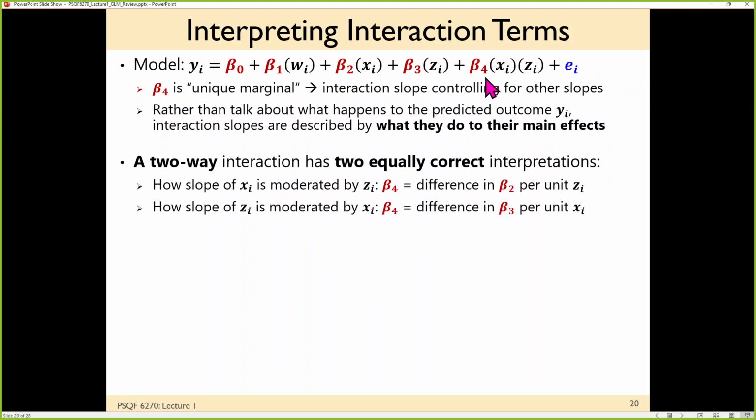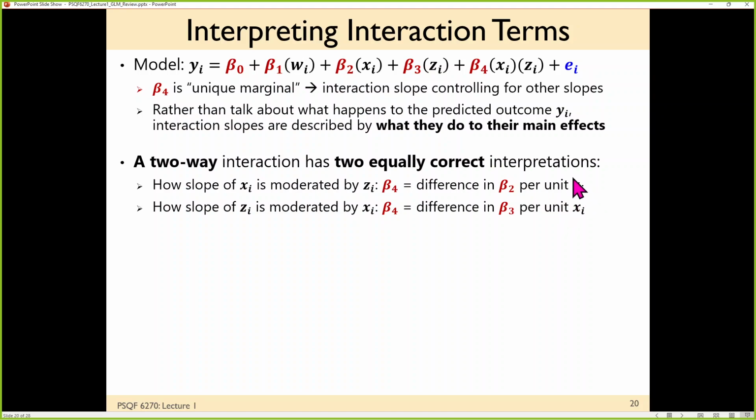In this example, beta 4 has two equally correct interpretations. You can pick the one you like, or that corresponds to your research question more directly. We can talk about it as X as the thing we care about, and Z as the moderator. If we do it that way, then we would say beta 4 is how beta 2 changes as Z increases.